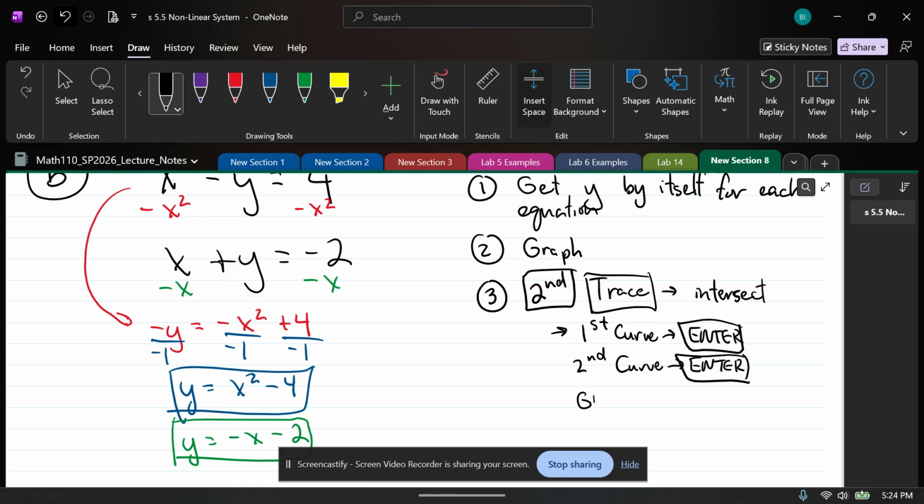On the guess, move toward the intersection you want. Then enter. It will find the one that's closest to your cursor.